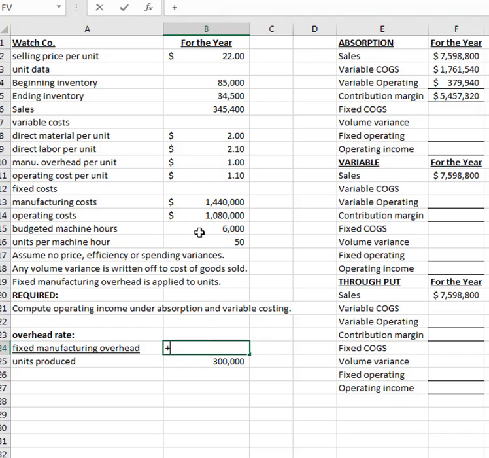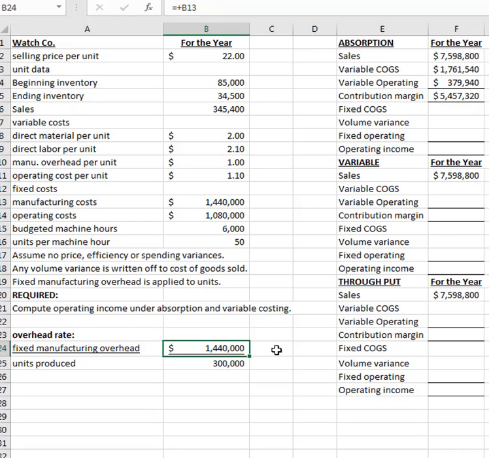And they told you their manufacturing fixed overhead. So then you can come up with the rate per unit. And so that's the fixed overhead per unit. So fixed overhead times the units sold. It's going to go there.